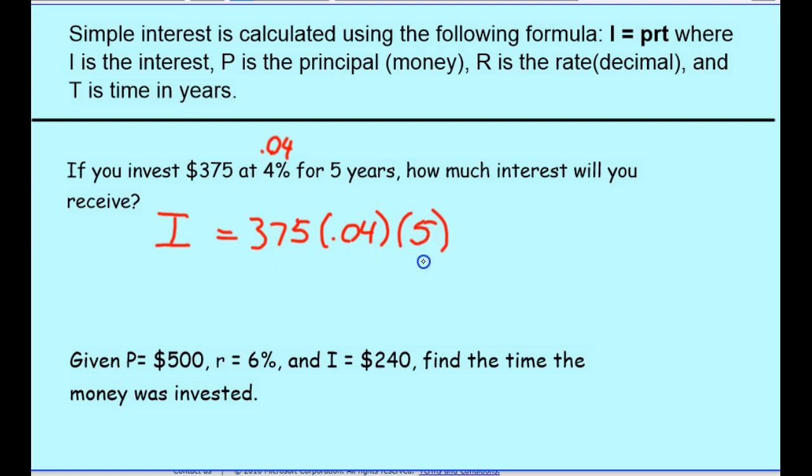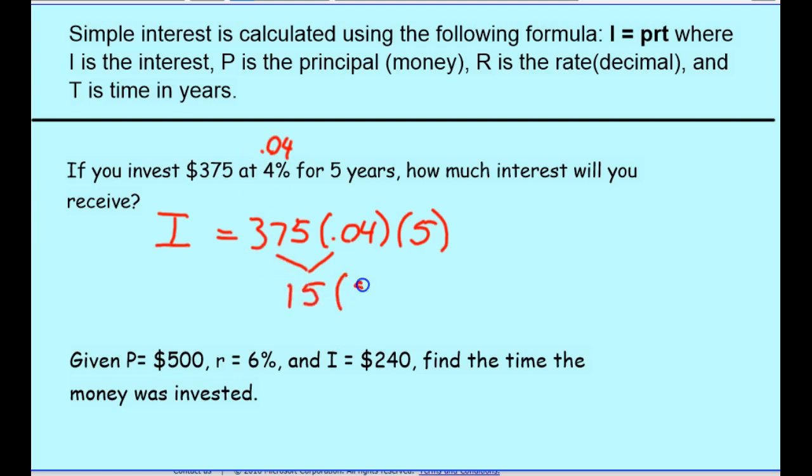Now all we have to do is multiply these all together. So 375 times 0.04 gives us 15.